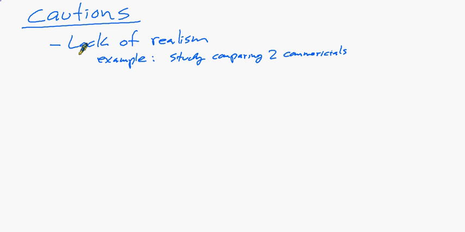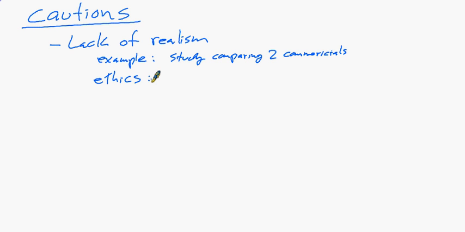There's a certain lack of realism in that situation. If they were able to actually view the commercials in their living room with their friends around them, not necessarily knowing that they're being studied, maybe they would respond differently. It's actually a little bit hard to know. But there's actually an ethical issue here.